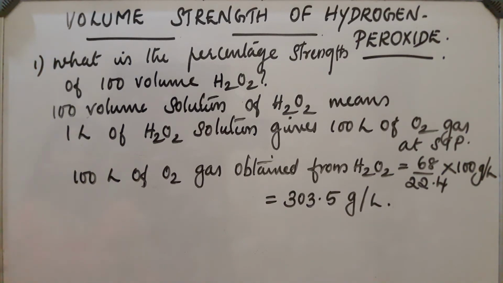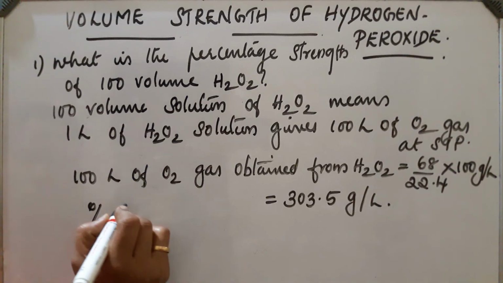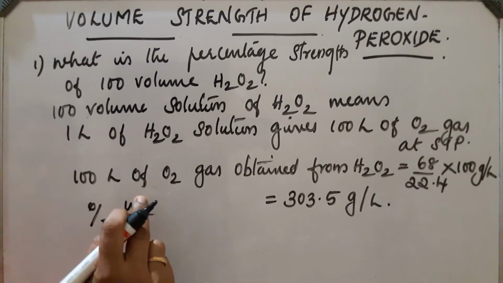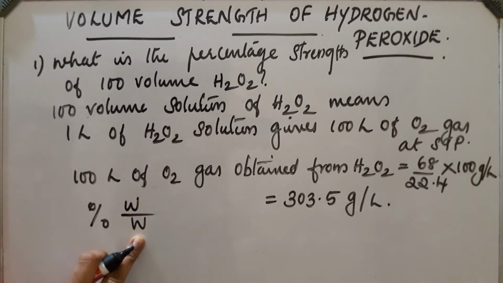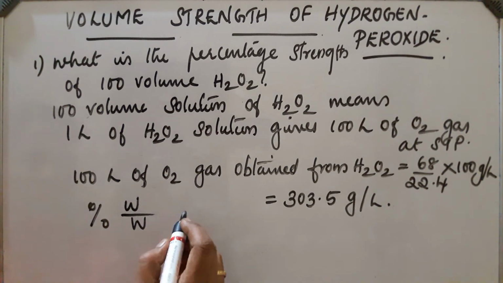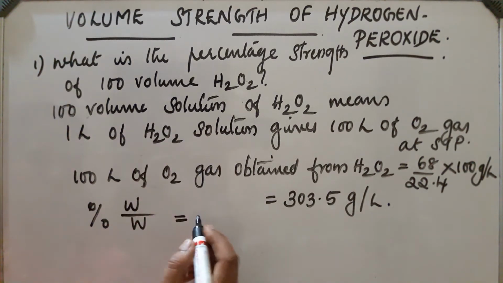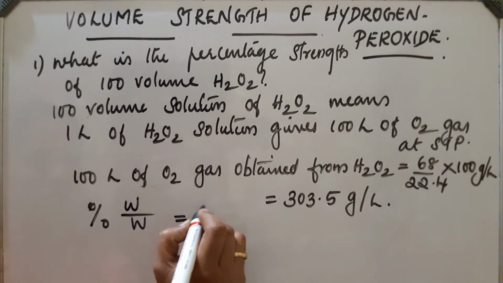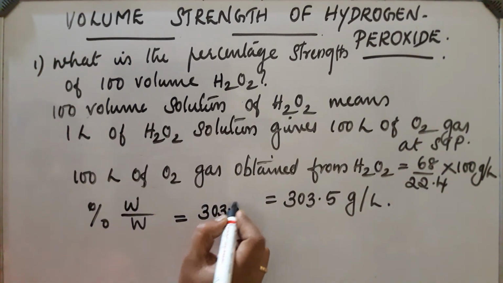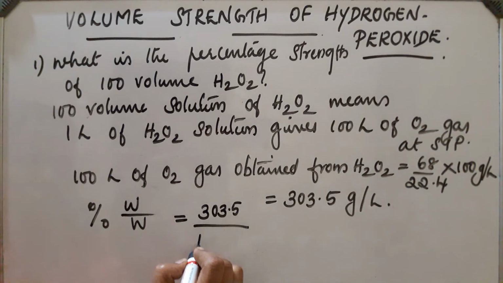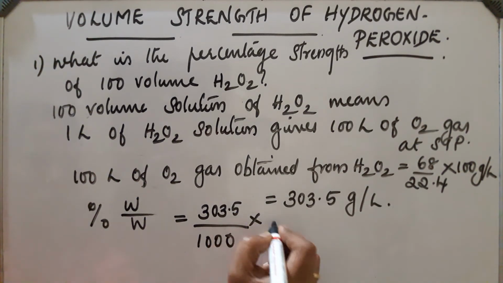Now we have to find the percentage strength. Percentage strength is percentage weight by volume, that is mass of solute by volume of solution into 100. So 303.5 by 1000 into 100.